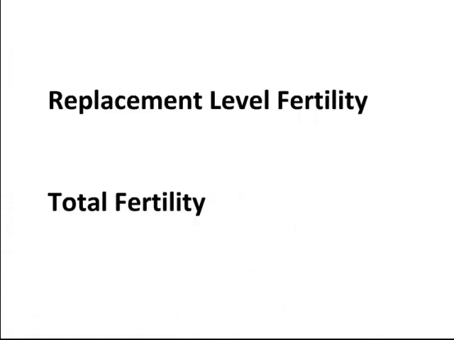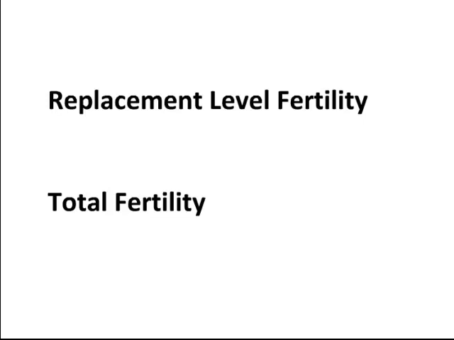Replacement level fertility is the number of offspring a woman has to have in her lifetime to produce no population growth. So it's called ZPG, zero population growth. And replacement fertility rate turns out to be about 2.16. The 2 comes from a child to replace the mother, a child to replace the father.